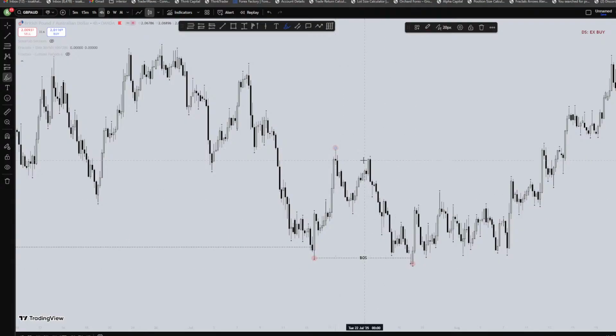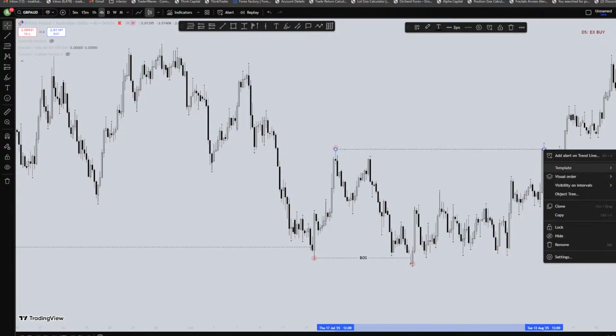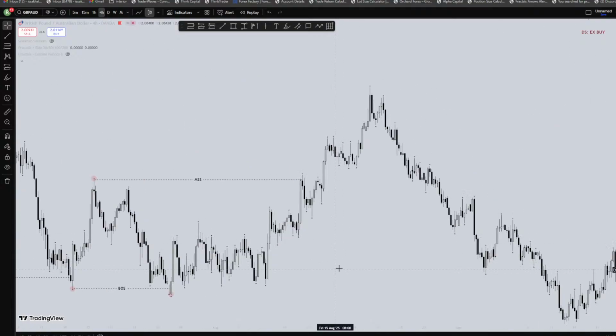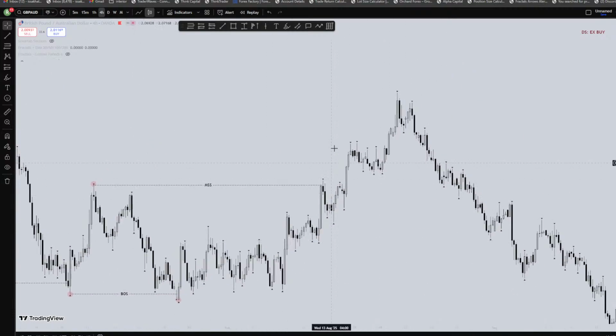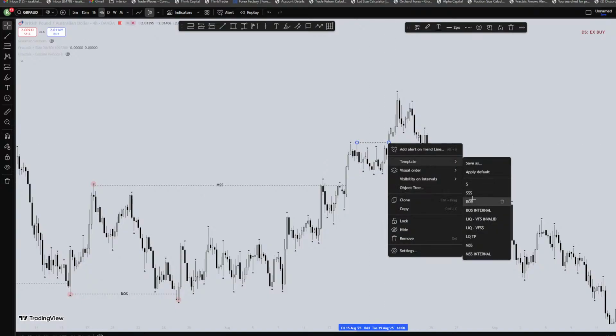So this is the peak. As you can see, this is the leg. It is up. So we then can got another MSS. It is back bullish. Then let's continue all the way. So this was BOS.